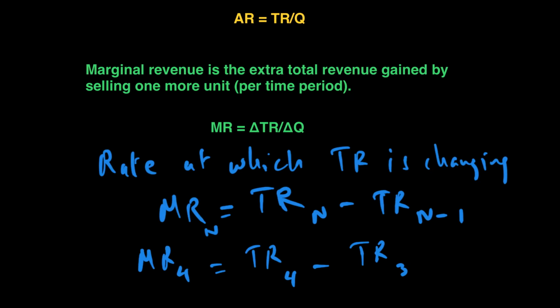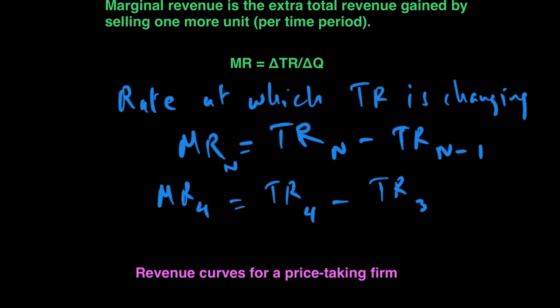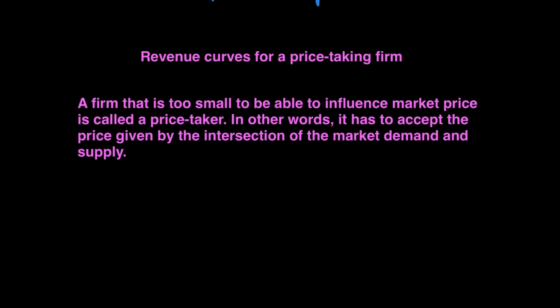So I'm going to look at two kinds of cases now: a price taking firm and a price setting firm, and we will look at how revenue changes for each. Before that, let's talk about what exactly we mean by a price taking firm.